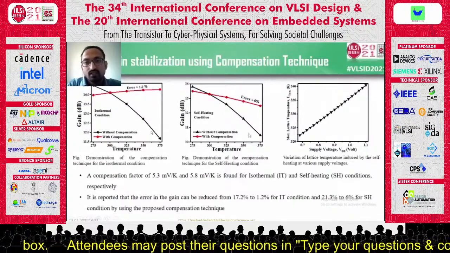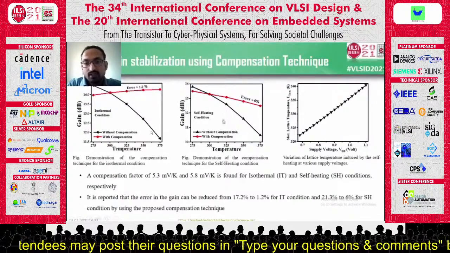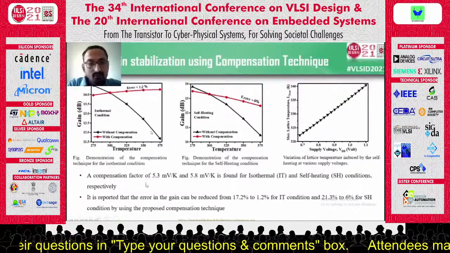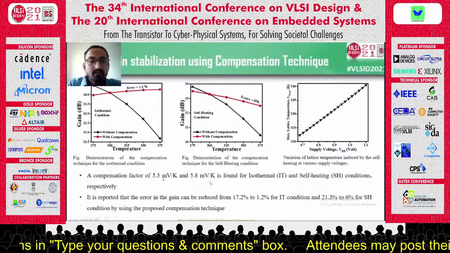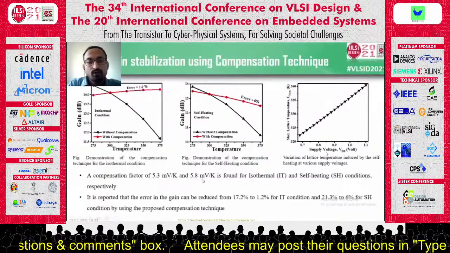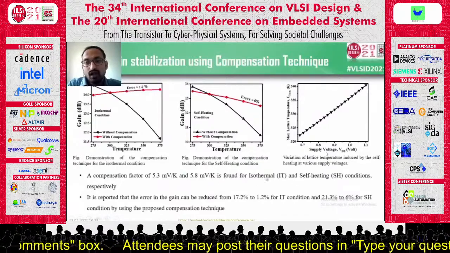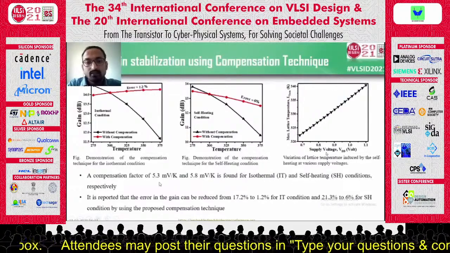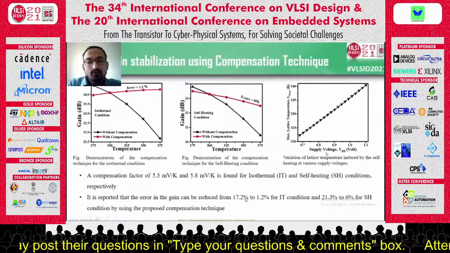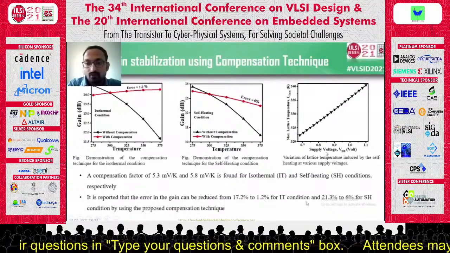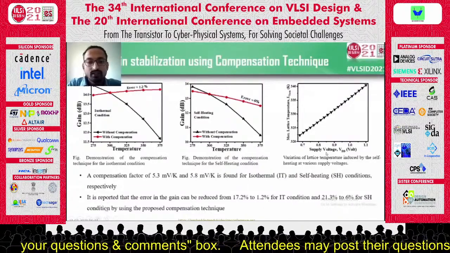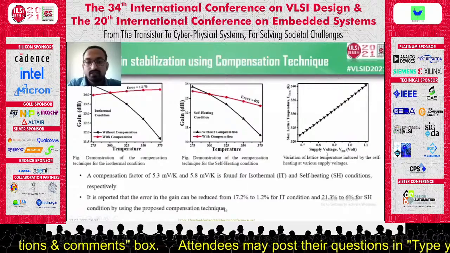Here we can see that there is a large error in the gain, and it can be reduced by using the compensation technique. A compensation factor of 5.3 millivolt per Kelvin and 5.8 millivolt per Kelvin is found for isothermal and self-heating conditions respectively. It is reported that the error in the gain can be reduced from 17% to 1.2% for the isothermal condition and from 21% to 6% for the self-heating condition by using the proposed compensation technique.